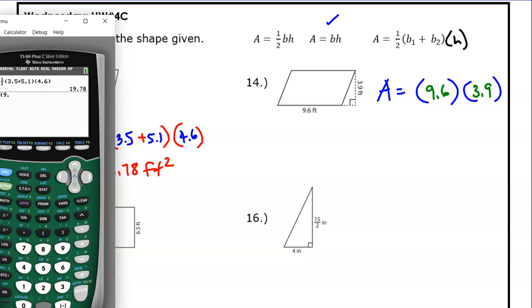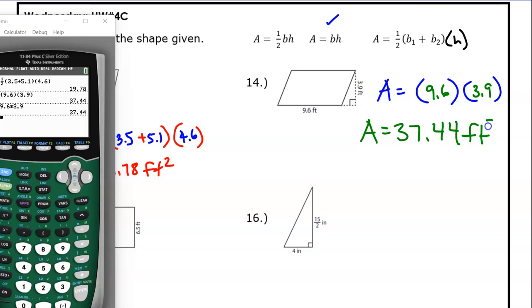Parentheses, 9.6, close parentheses, and parentheses 3.9. Now if you know you're multiplying base times height, you can leave those parentheses off, and you could simply multiply on your calculator like this using the times sign. So the area here is 37.44, and the units are feet squared again.